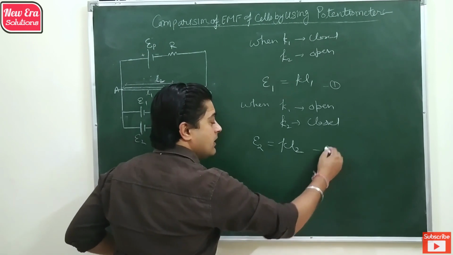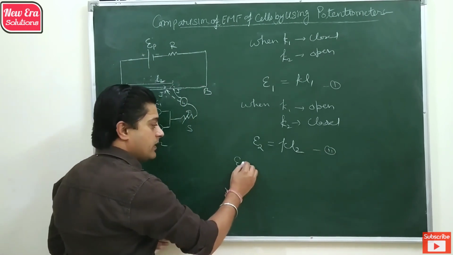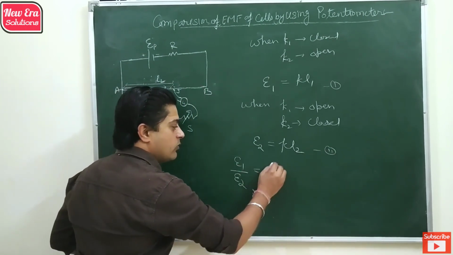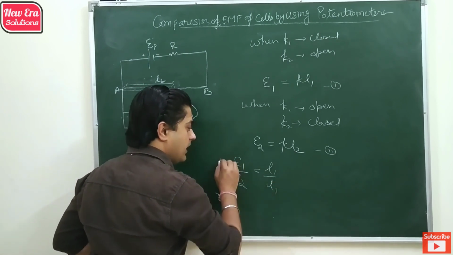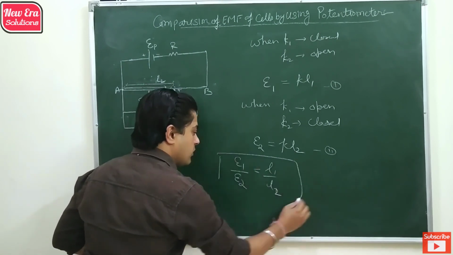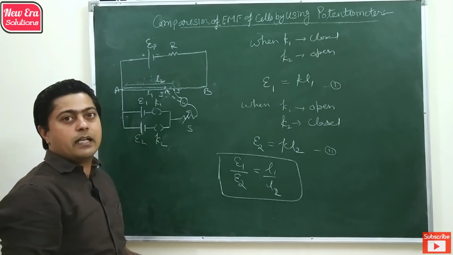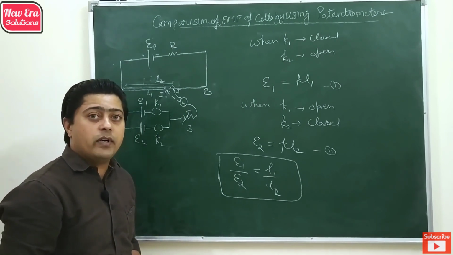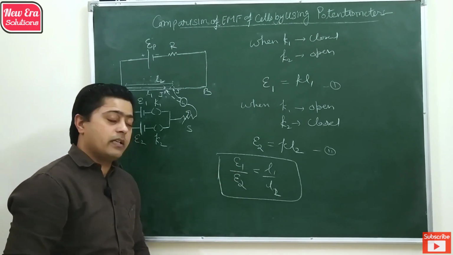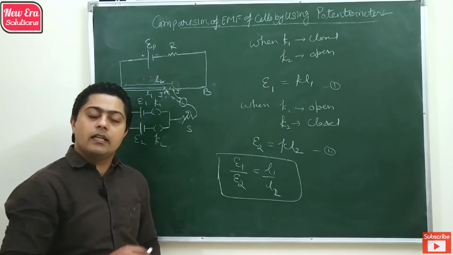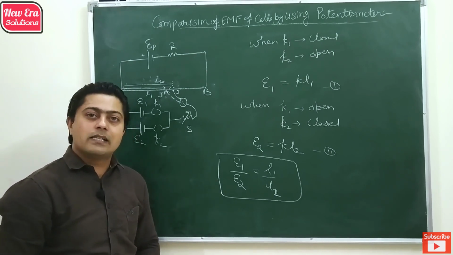This is equation second. By dividing first by the second, we get E1 by E2 is equal to L1 by L2. So the more the balance length, the more the EMF of a cell. By using this ratio, we can compare the EMF of two different cells.